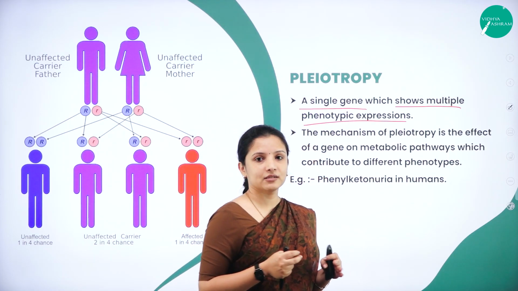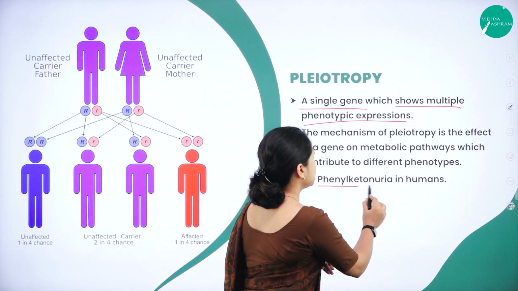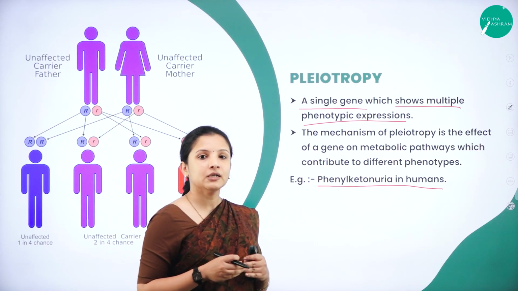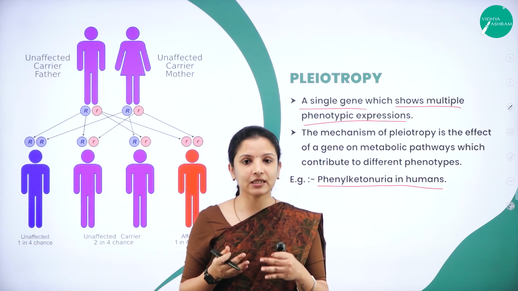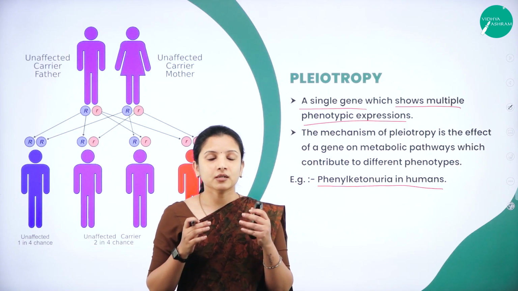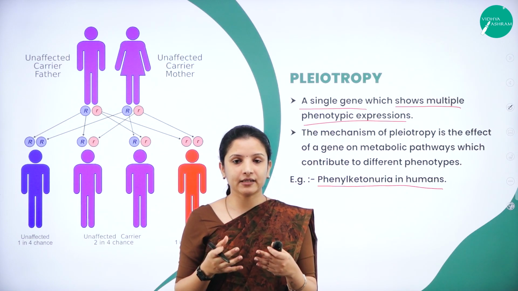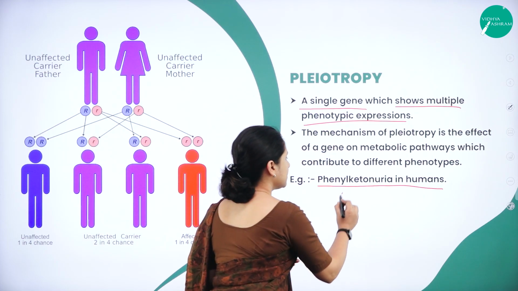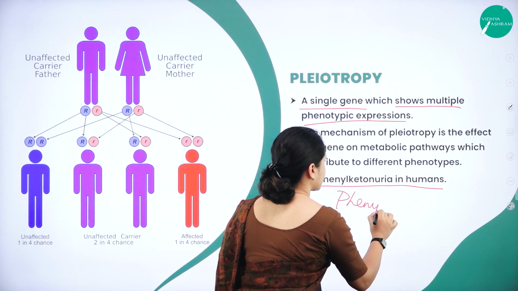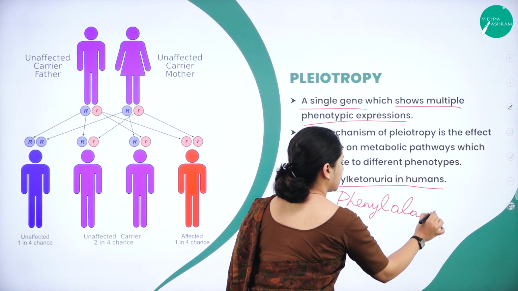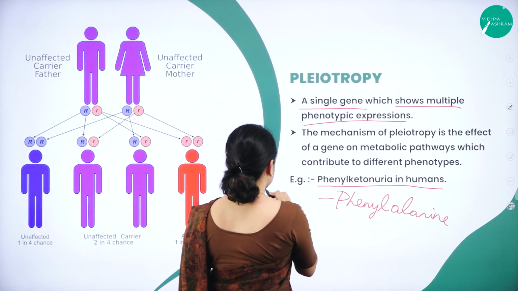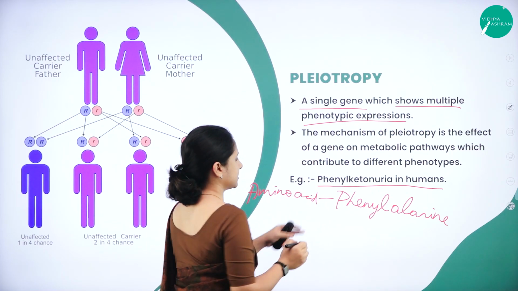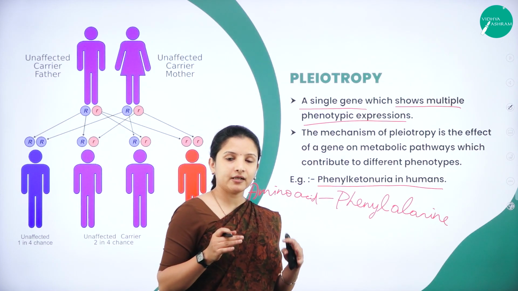I can explain this by taking the example of a disease called phenylketonuria in humans. Phenylketonuria is a birth defect usually seen in young children wherein the amino acid phenylalanine starts accumulating in the body. Phenylalanine is needed for the body.